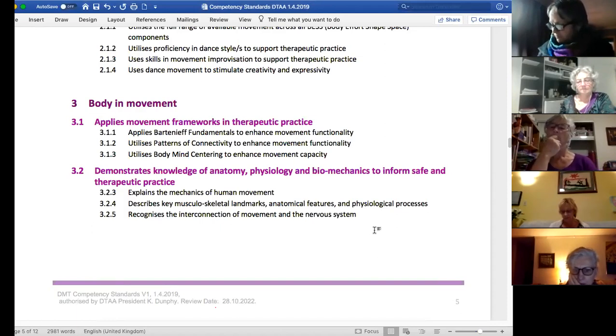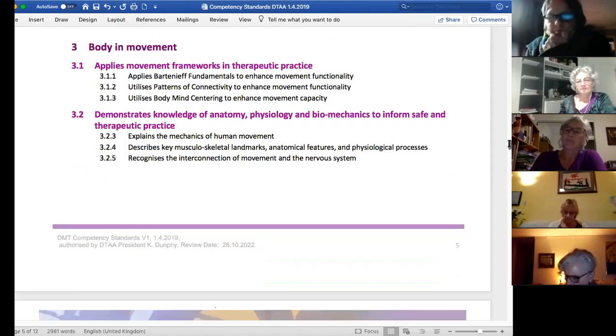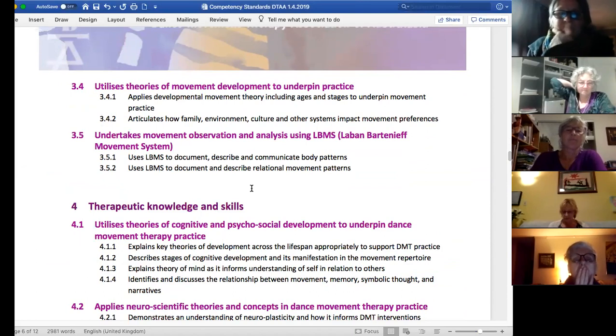They're not excluded at all from these competencies because we're not naming content, and perhaps, as we've realized, we have overnamed content here, and that's the issue. However, the Laban system is basic to dance therapy worldwide, so that's why at least Bartenieff and LBMS is in there.